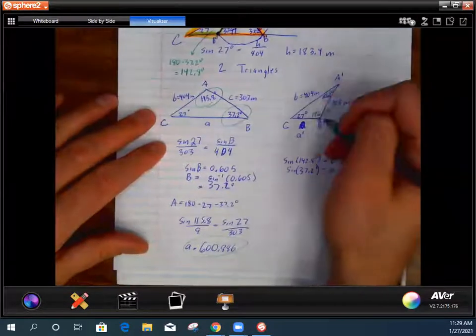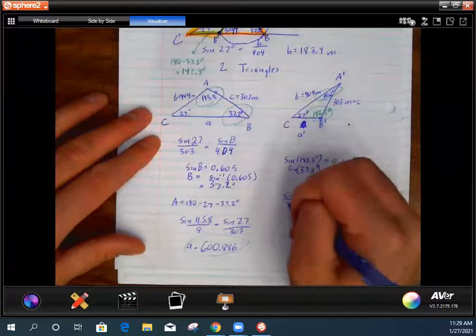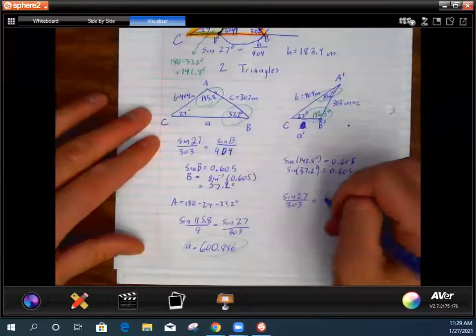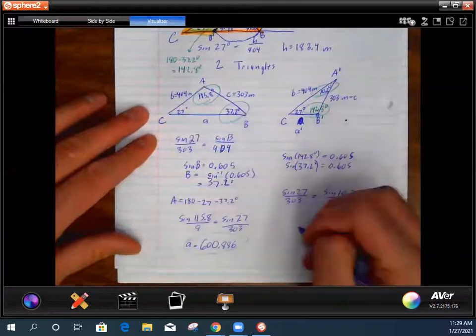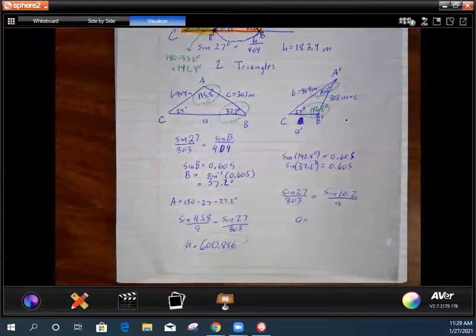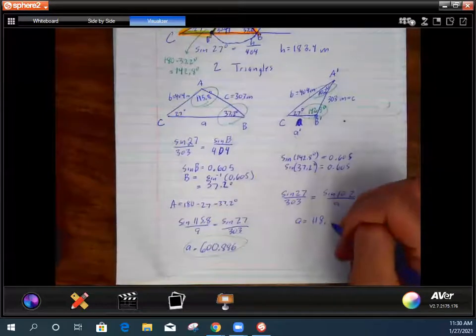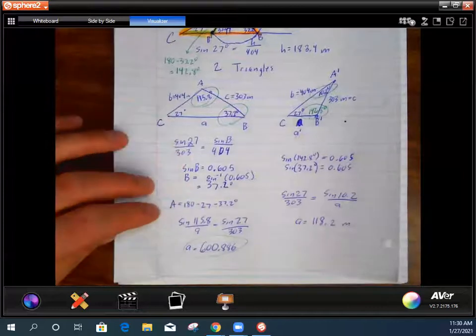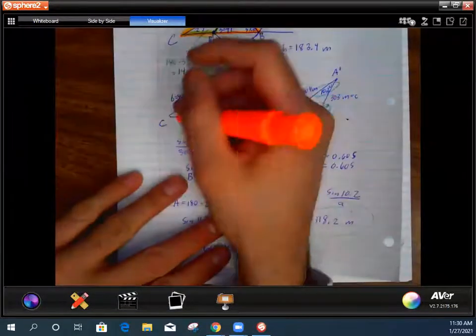And in this triangle, we found this angle, and now to find the third side, we would do the sine of 27 over 303 is equal to the sine of 10.2 over A prime, which is going to be shorter than A. Cross multiply, and the sine of 10.2 times 303 is equal to the sine of 27 times A. Then divide that by the sine of 27, and we get 118.2 meters.